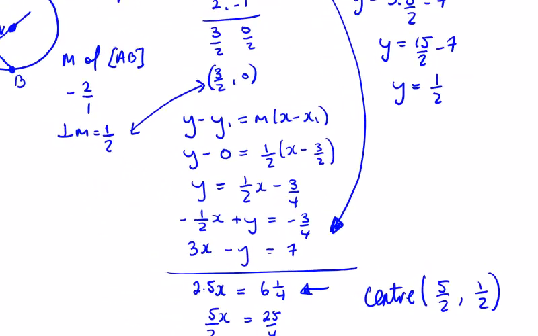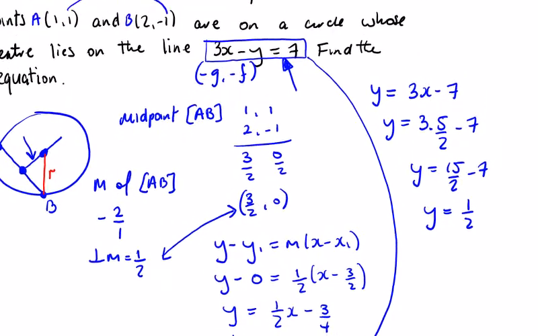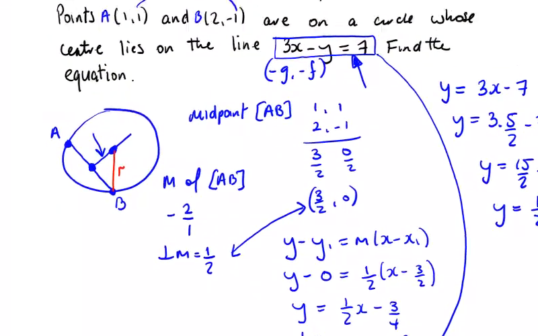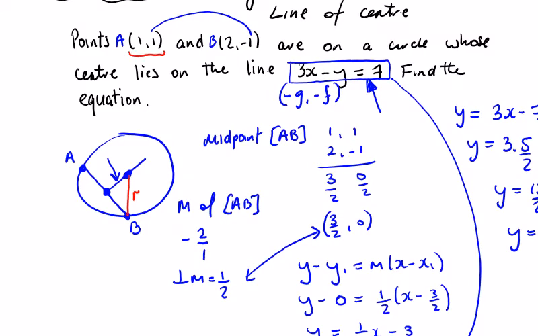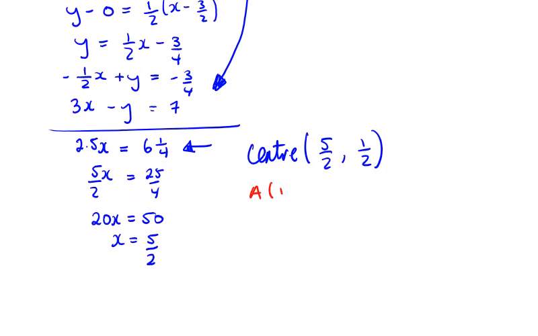So now I just need to get the distance from one of the points to the center. Let's get the distance from B to the center, and that will give us the length of the radius. Well, I'll use A just because there's no negatives in it. It doesn't really make a difference. So A is (1, 1).